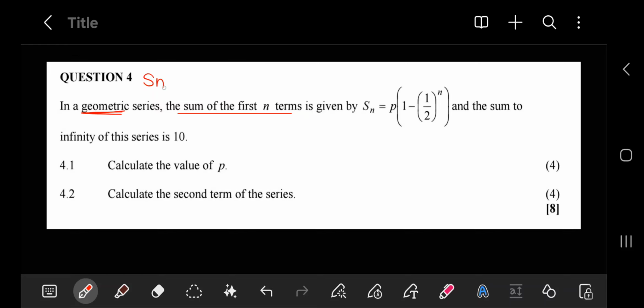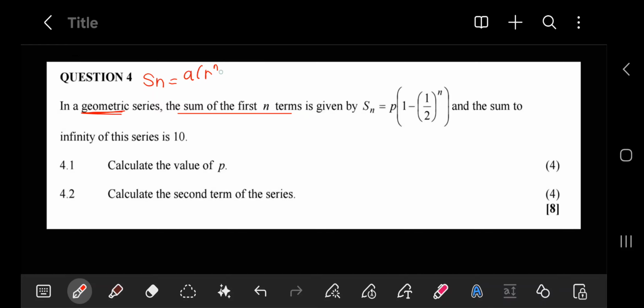The first one is Sn is equal to a into r to the power n minus 1 over r minus 1, and the other is Sn is equal to a into 1 minus r to the power n over 1 minus r.